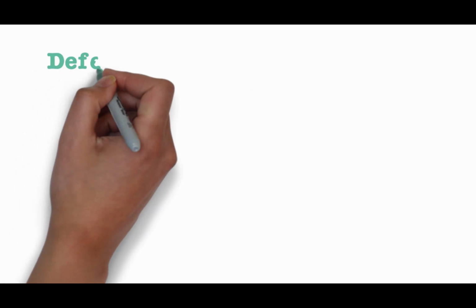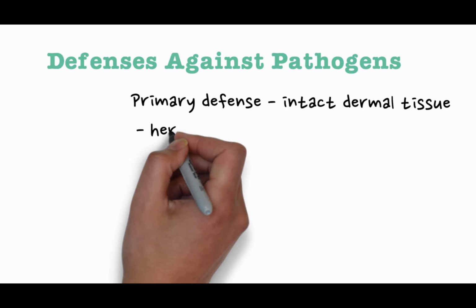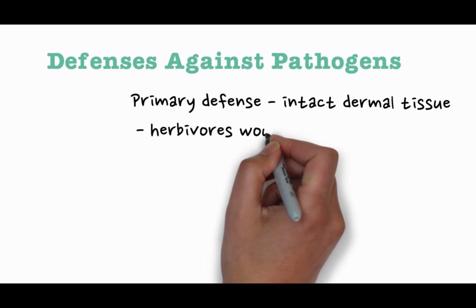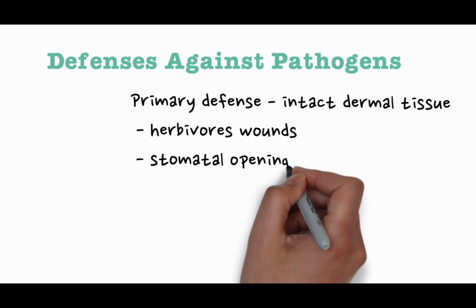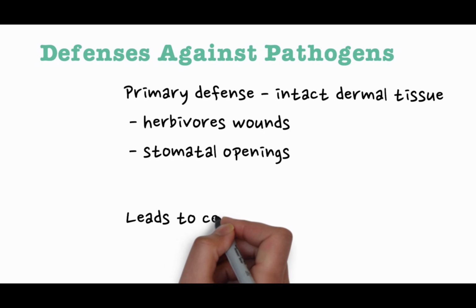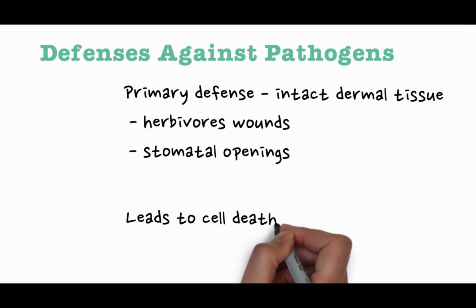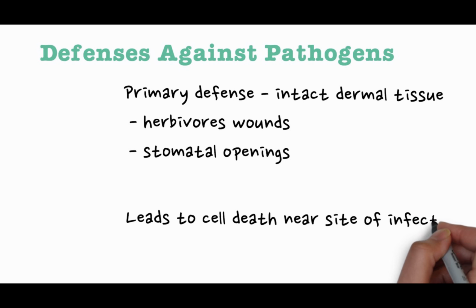The plant's defense against pathogens begins with the intact epidermis and periderm. But open stomates and wounded surfaces from herbivores still leave the plant vulnerable to attack from bacteria, fungi, and viruses. If the pathogen invades, the plant can mount a second chemical line of defense which can destroy the pathogen and prevent its spread to other areas of the plant.